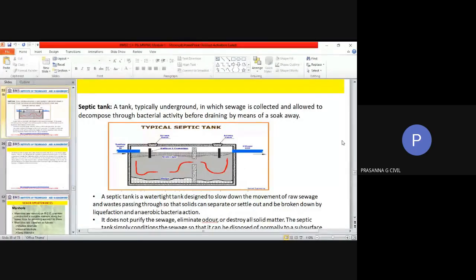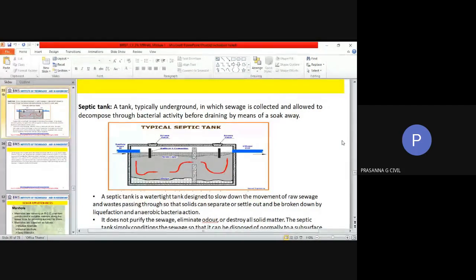Okay. So if you have seen a septic tank, it is constructed under the ground. It can be constructed of either masonry or RCC, but you need to have a very strong floor and very thick side walls, whether it is masonry or RCC.